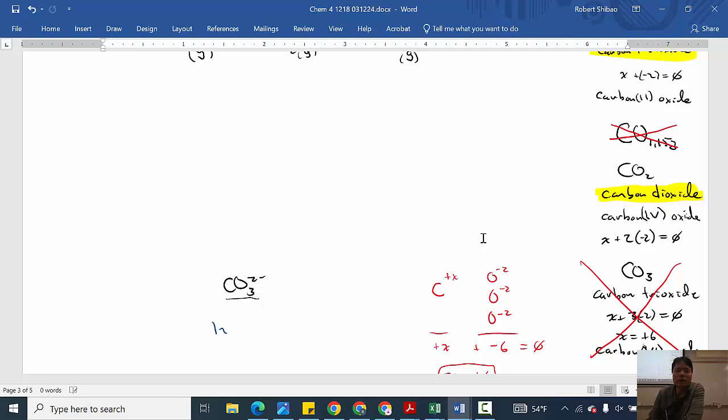We have 1 carbon at X plus 3 oxygens at -2 have to add up to a net charge of -2. So what is X? Plus 4. So carbonate's maxed out at plus 4. So we don't have to worry about, let's say, is there something that's CO 2.9? Would you expect a CO 2.9 2- to exist? No.